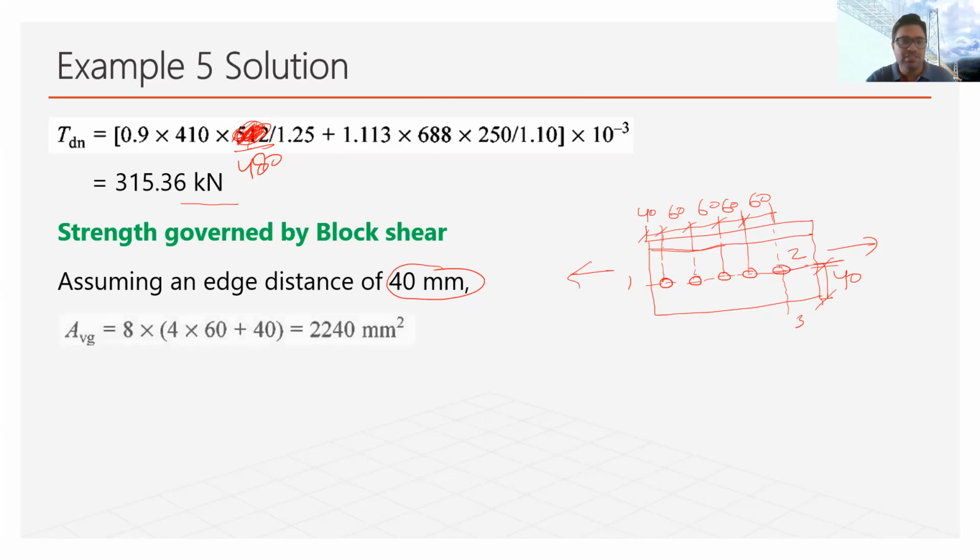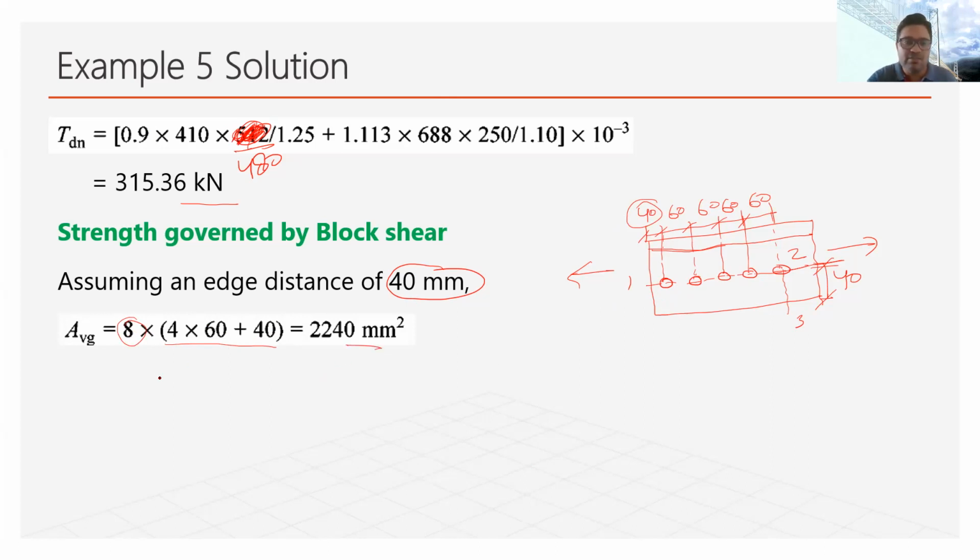So AVG is the gross cross-sectional area, which means if we don't consider these holes, then what will be the value of gross cross-sectional area along line 1, 2. So you can see here 60 plus 60 plus 60 plus 60 plus 40. So this is the length of total line multiplied by the thickness of the angle. So this becomes 2240.